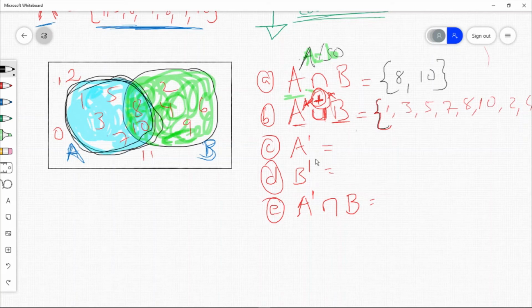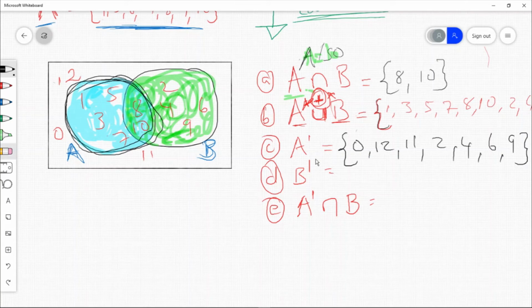Yes. Is 10 in A? Yes. So what are all the elements that are not in A? We can start from here. We can say that 0 is not part of A. We have 12, we have 11, we have 2, 4, 6, 9. So all these elements are not in A.